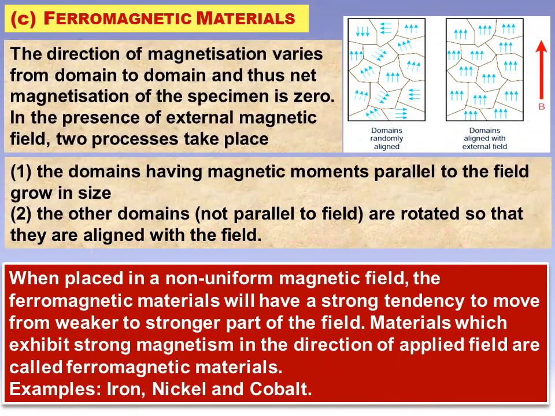Materials which exhibit magnetism in the direction of the applied field are called ferromagnetic materials. They exhibit strong magnetization in the direction of the applied field. Some examples of ferromagnetic materials are iron, nickel and cobalt.